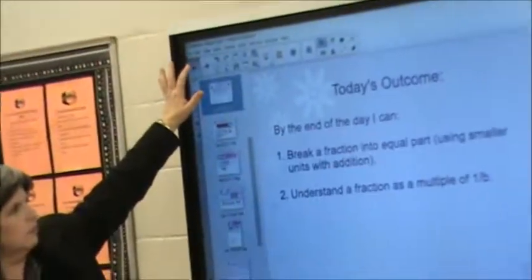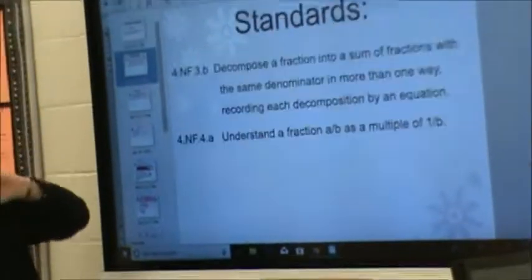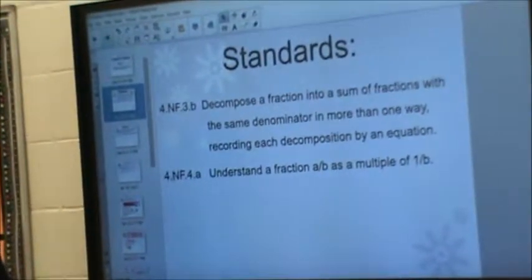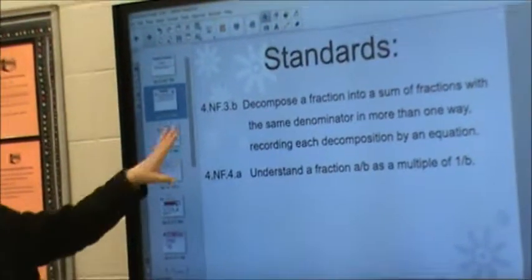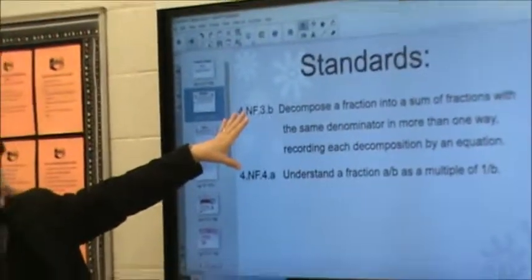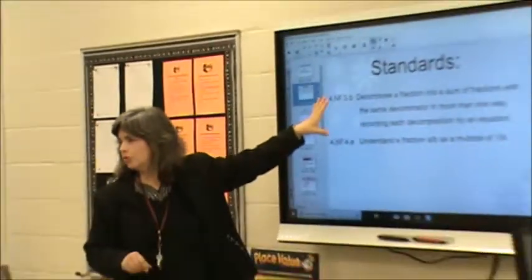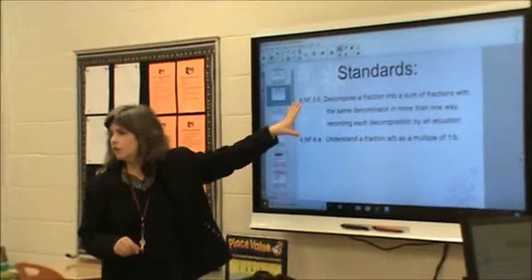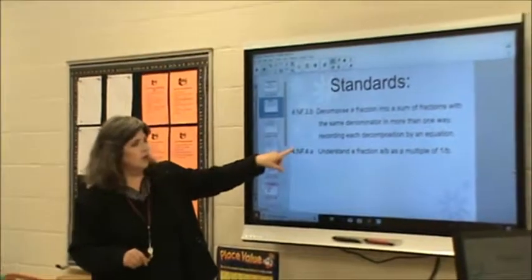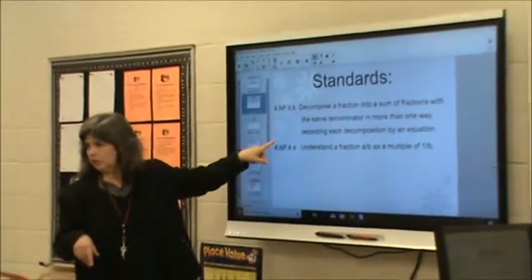Partition fractions by adding more fractions. Oh, by adding a different way, basically creating equivalent fractions. That's great. We went back and we decomposed fractions into a sum of fractions, which is what you just said. Perfect answer. And we started looking at how they are multiples of each other.